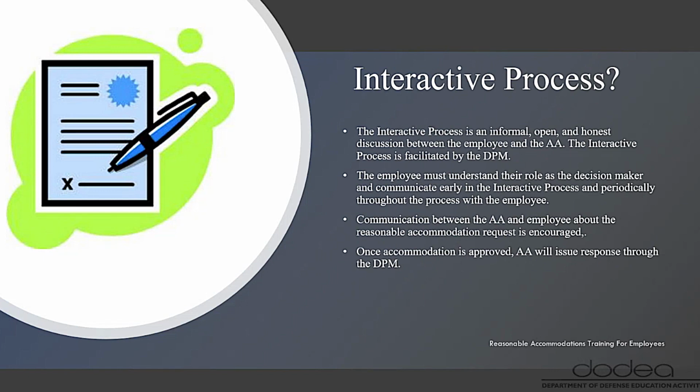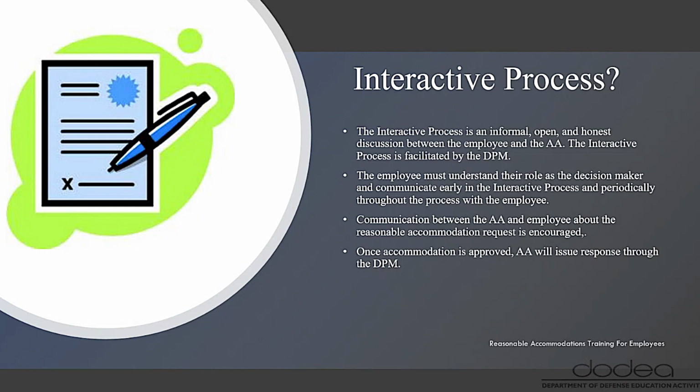All right. The interactive process. The interactive process is actually written into the law. As an employee, that is your time for a meeting between you and what we call in the RAI the approval authority. Remember, in most cases, either at the school level or in the HQ level, that is going to be your first line supervisor, either your principal.